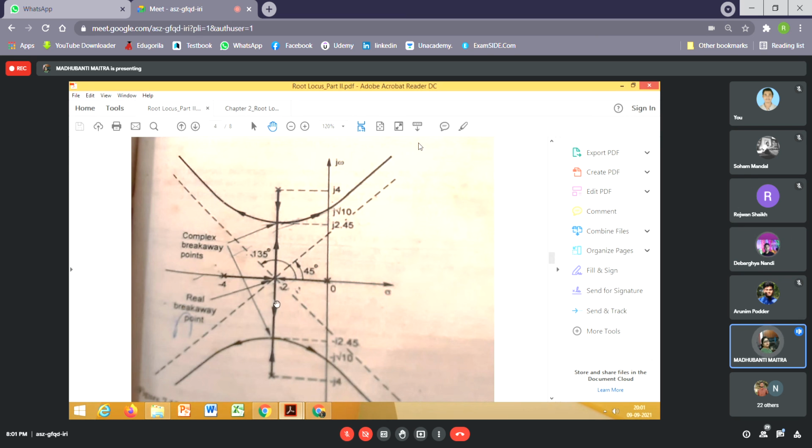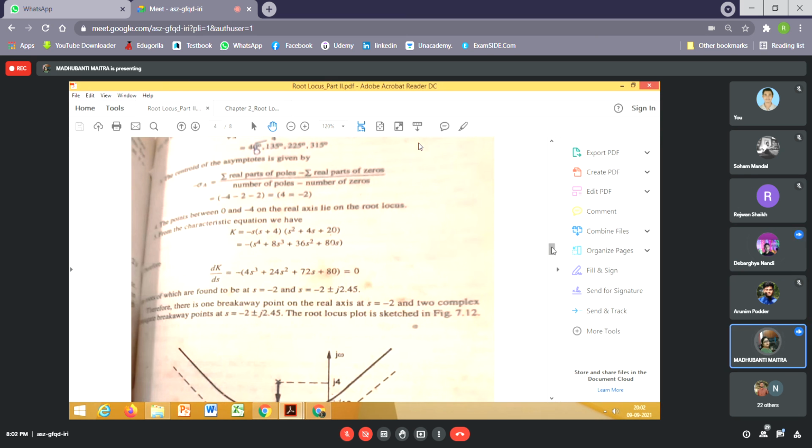Similarly, this root branch will move in this direction, this one in this direction, and they will meet at this particular point, the third breakaway point, which is the conjugate pair of this breakaway point. So we are getting three breakaway points: one real breakaway point, and two complex conjugate breakaway points.